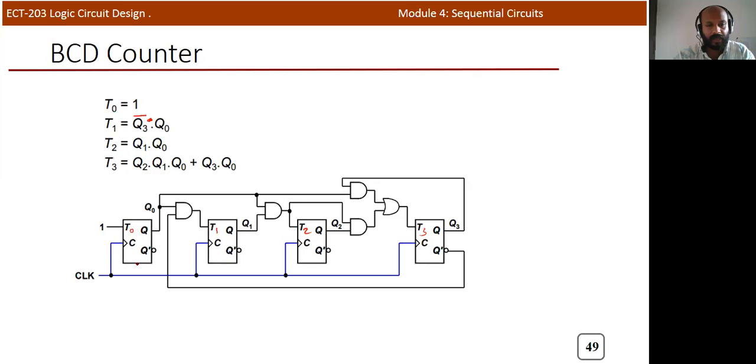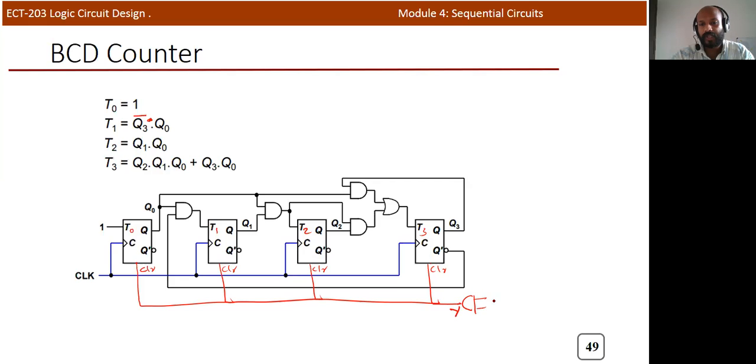Normally there will be a clear signal for this flip-flop. So to make this flip-flop forcefully clear, we need to connect the clear signal to an AND gate. The AND gate logic should be implemented by using the Y logic.